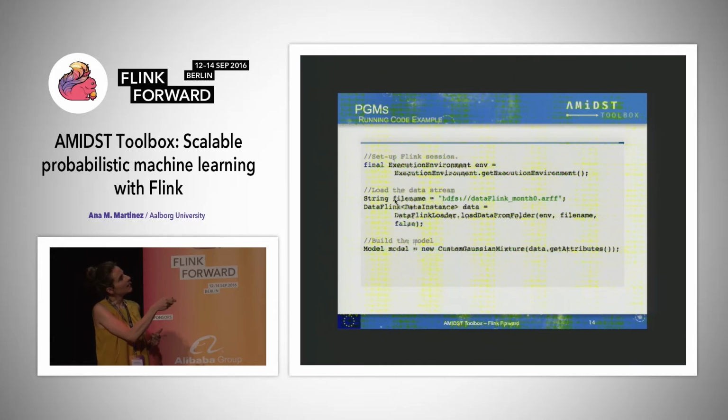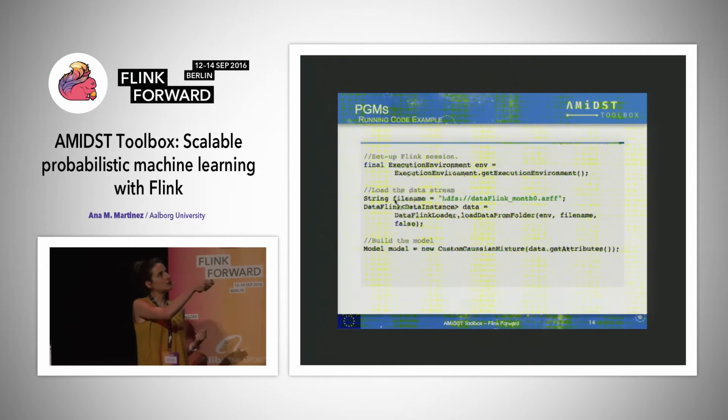What you notice here is the DataFlink class, which is just a wrapper of the Flink data set using a set of data instances for each of the samples of the operations of the clients in this case.